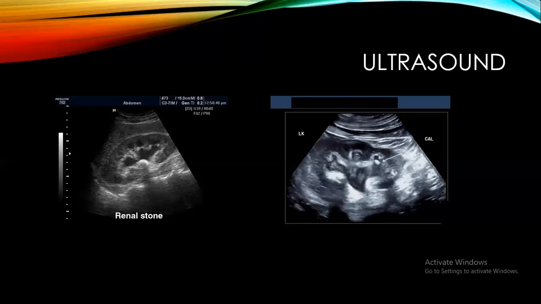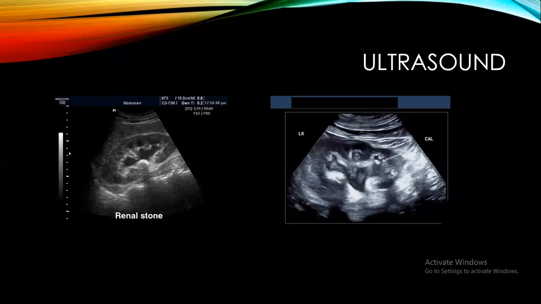As we know, the ultrasound is available, cheap and harmless, does not use any ionizing radiation like the X-ray. So it's safe for children and for pregnant women, and can be used at any time. Nowadays, every urologist has his own ultrasound in his clinic.